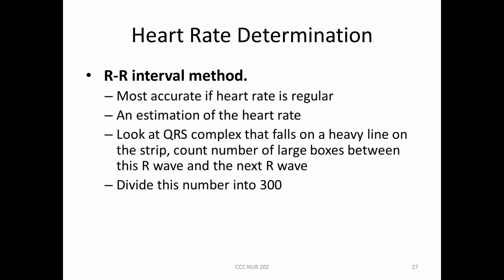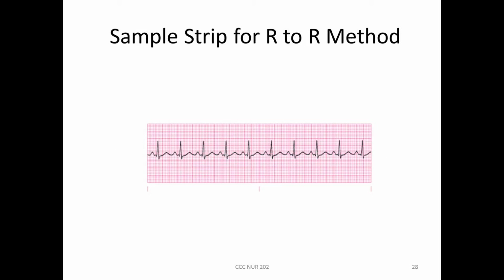Heart rate determination, again, we can count the R to R intervals. This is most accurate if the heart rate is regular. To estimate the heart rate, look at the QRS complex that falls on a heavy line on the strip, count the number of large boxes between the R wave and the next R wave, and divide this number into 300. Now, I don't use this method, but that is just another method.